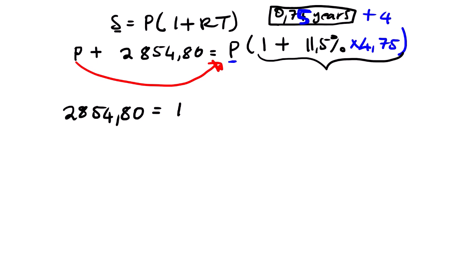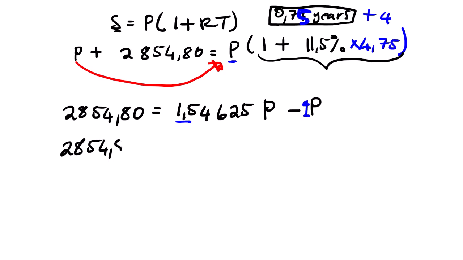We get 1.54625 P. And then this P minus this P, remember that we have 1 here. So this number minus 1, we are going to get 2854.80 equals 0.54625 P. Remember that this one will simply get rid of this one.